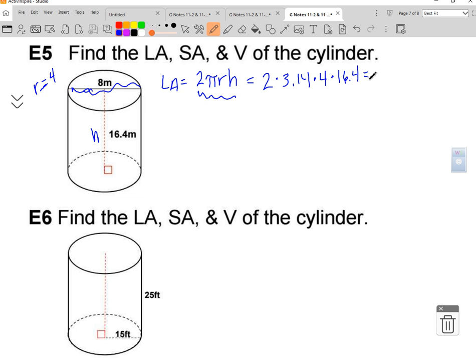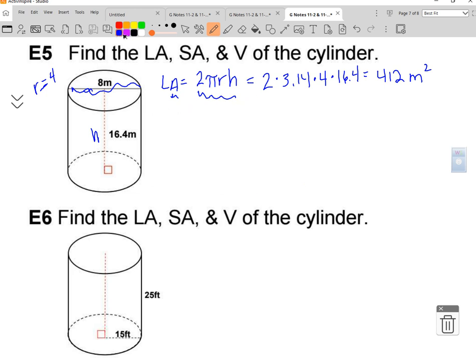All right, I got 411.968. Is that what y'all got? All right, 411.968. We're rounding to the tenth place. That's going to round to 412. It has the letter A in it for area, so it's a square unit of measure. The lateral area, remember, that's a flat thing, two-dimensional.